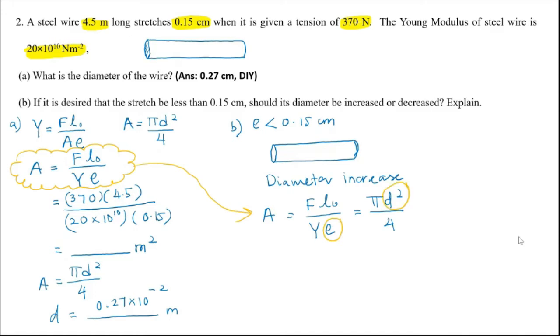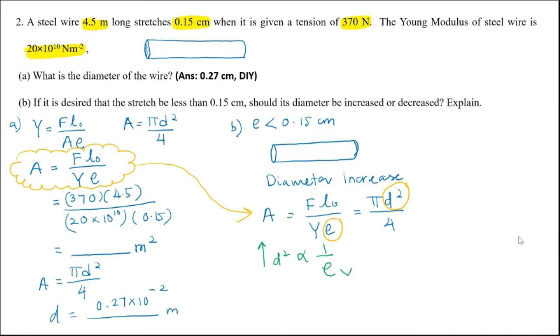So the diameter squared is inversely proportional to the elongation. If the elongation is less than the amount of elongation given, it means that our diameter is bigger.